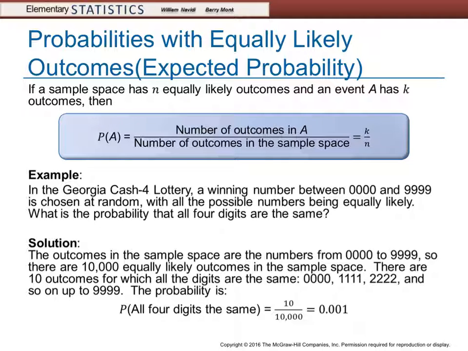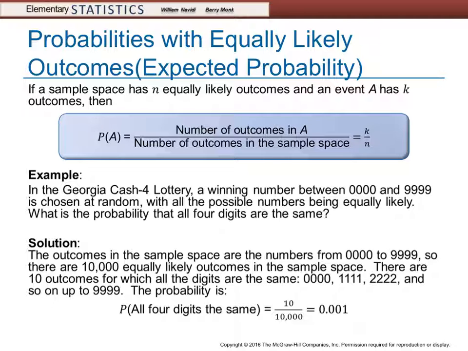Probabilities with equally likely outcomes. In this case, we can actually determine a probability model and get the expected probabilities. If a sample space has n equally likely outcomes and event A has k outcomes, then P of A is just the number of outcomes in A divided by the number of outcomes in the sample space, which is k over n.